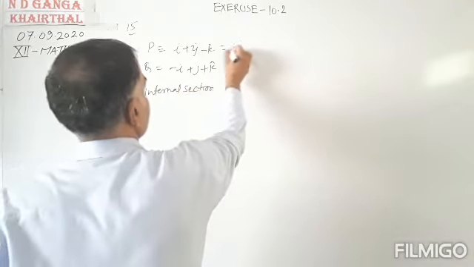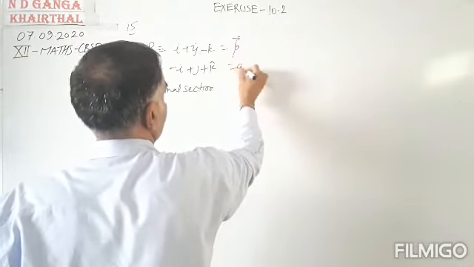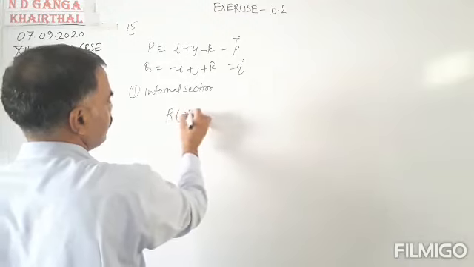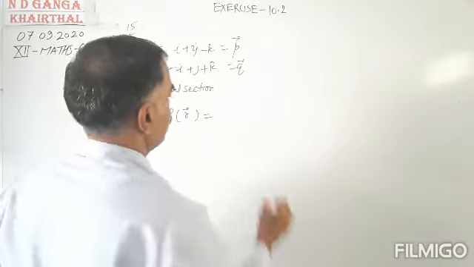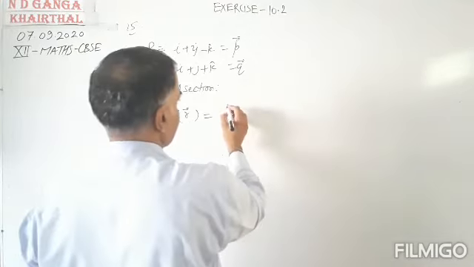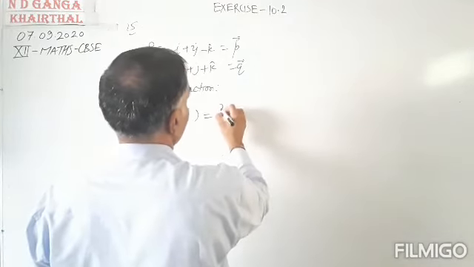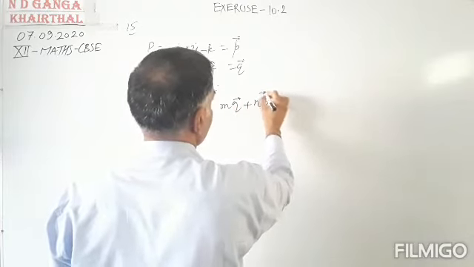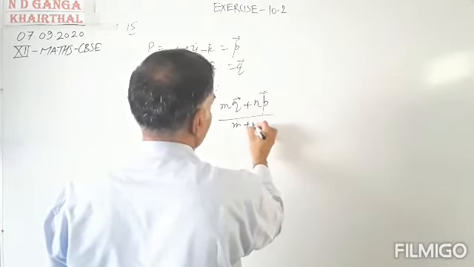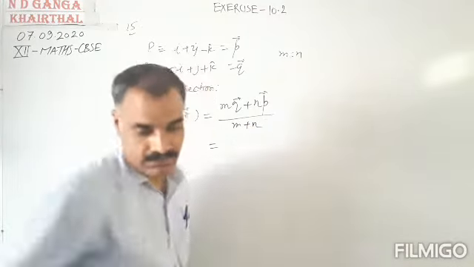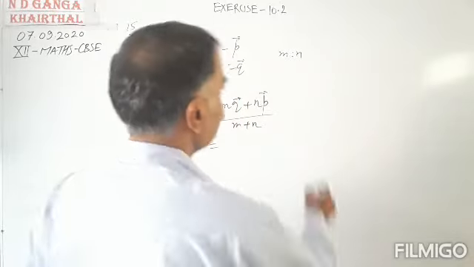Okay, this is P vector and this is Q vector, and we have to find the position vector of R. That is, R vector equals, when it is internal section, m Q vector plus n P vector divided by m plus n. Okay, and the ratio m to n is given as 2 to 1.